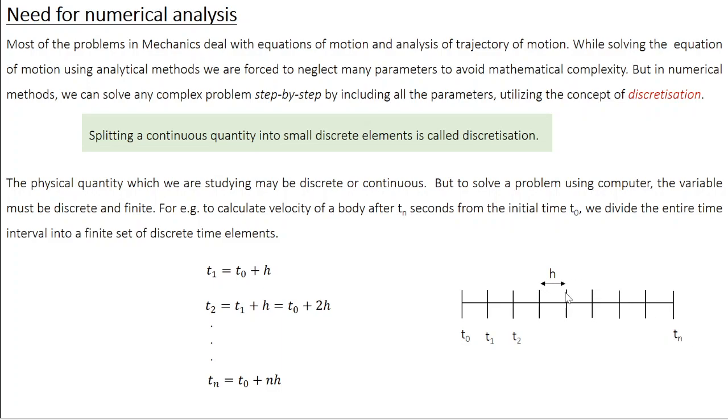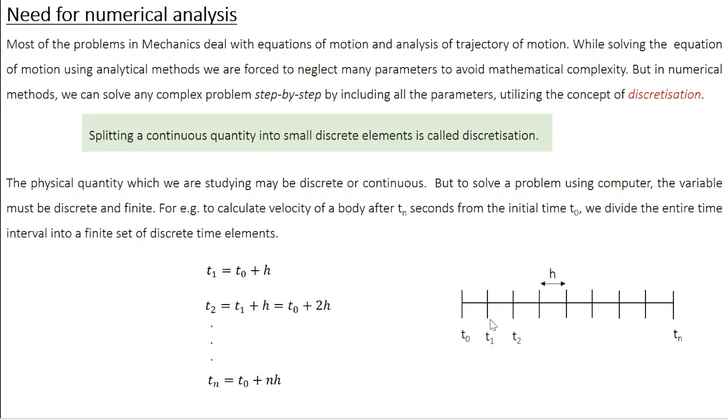Each element has a step size h. So you can write t1 equal to t0 plus h, t2 equal to t1 plus h, or in terms of t0 you can write it as t0 plus 2h, t3 is going to be t0 plus 3h, similarly tn is t0 plus nh. So you divide the continuous range into a number of discrete elements.